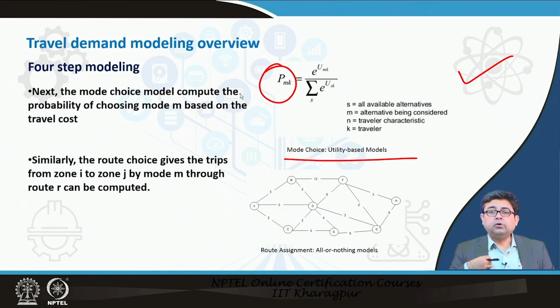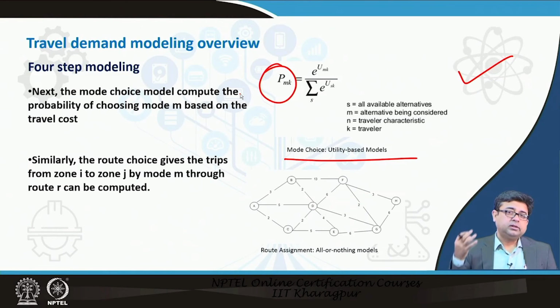If I am a low income person, the compelling parameter could be the cost of travel from point A to point B. So, I would look for the cheapest available mode of transport in order to go to my destination. Whereas, if I am a middle class or upper class citizen, then I would maybe give more weightage to comfort or travel time.